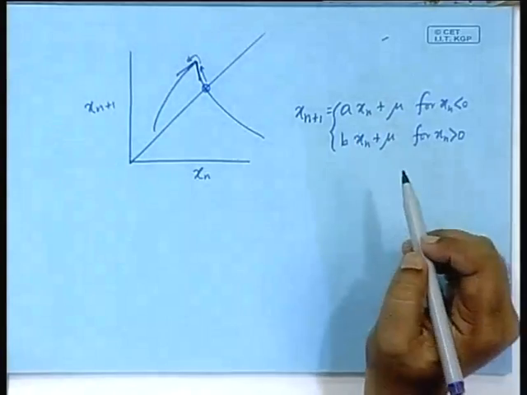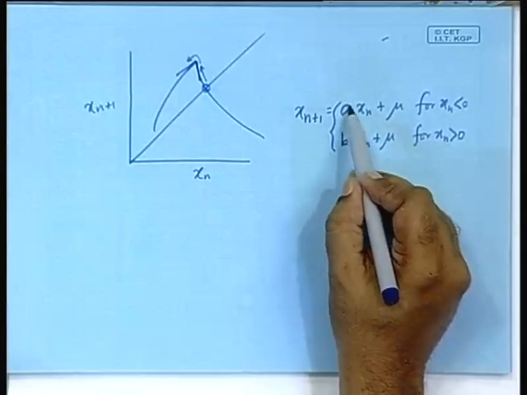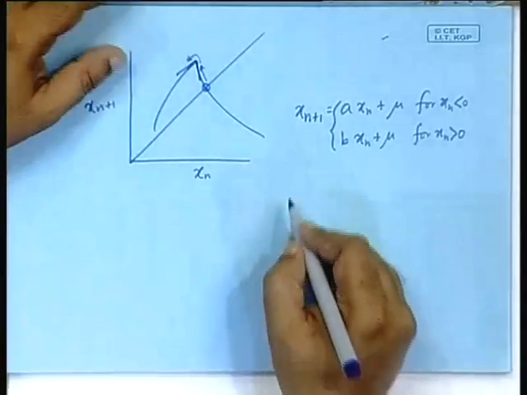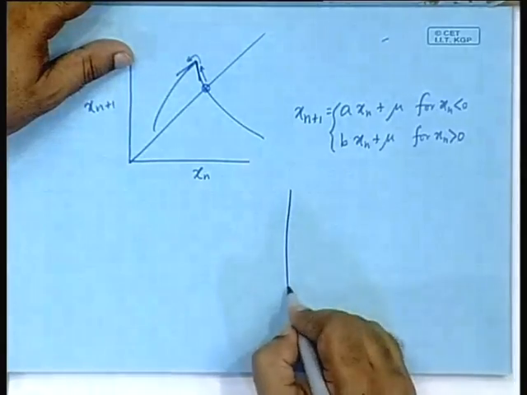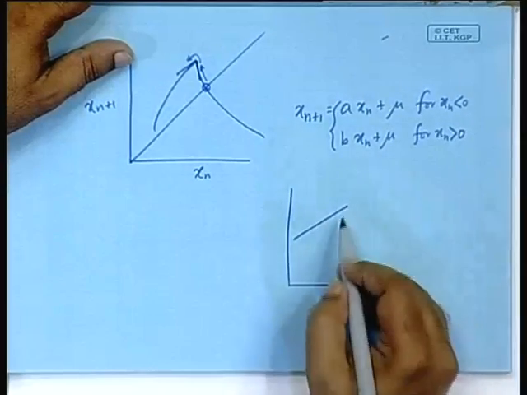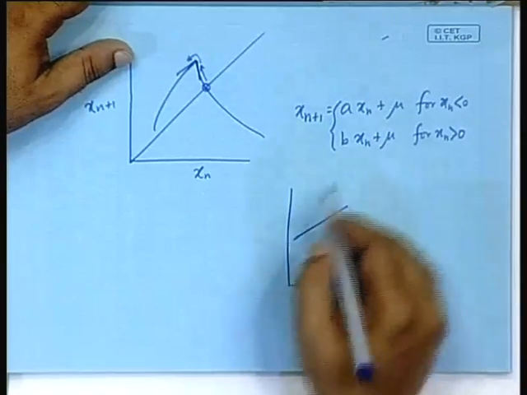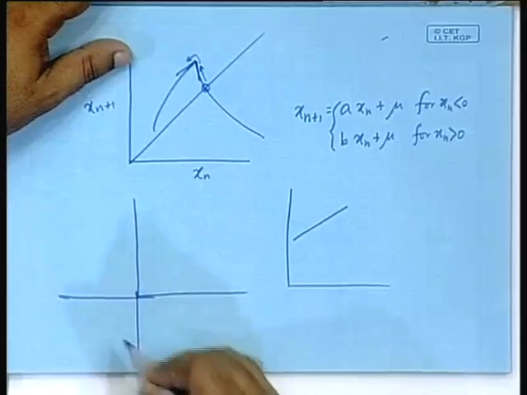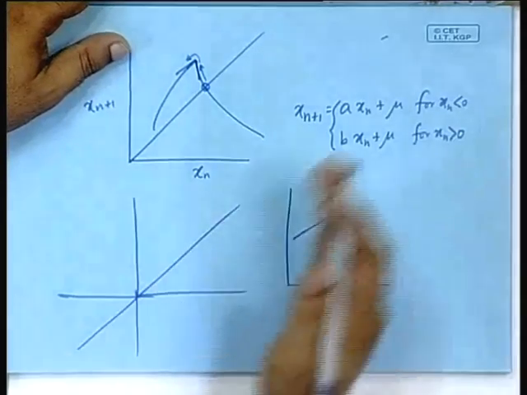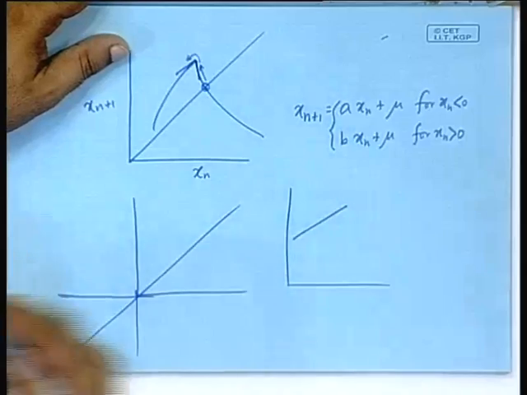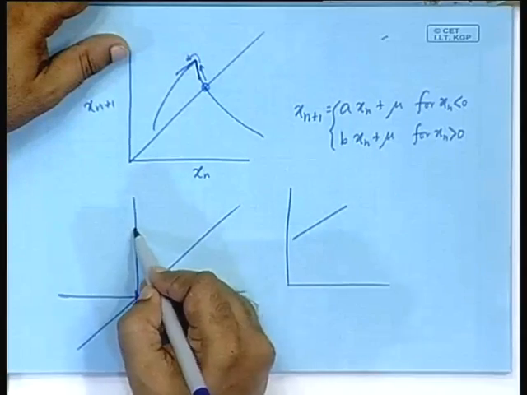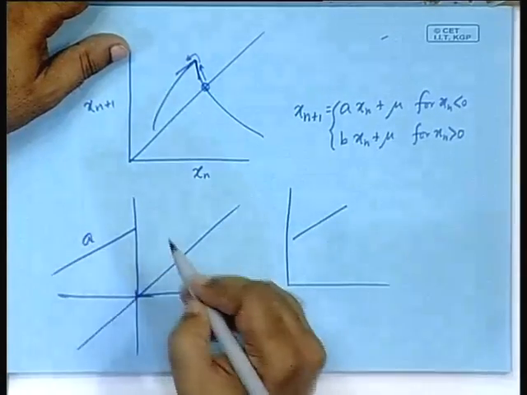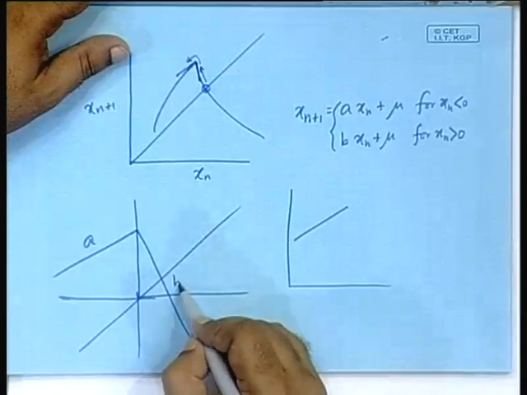As a result, A is the slope, these are piecewise linear maps. So, A represents this kind of a slope for x n less than 0, and B represents this kind of a slope, with the 45-degree line shown.